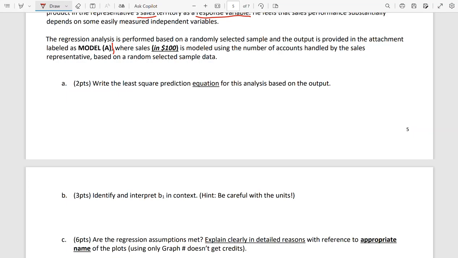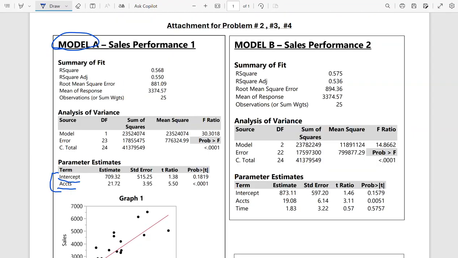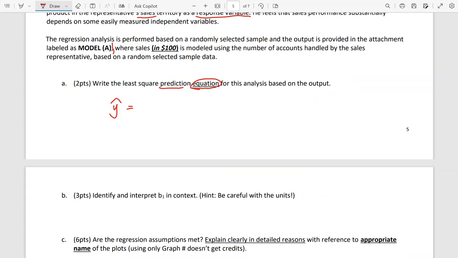So now write the least squares prediction equation for this analysis based on the output. Again, I want you to give me the equation for prediction. Of course, we want to use the parameter estimates table, so it will be these two, right? Is that easy?